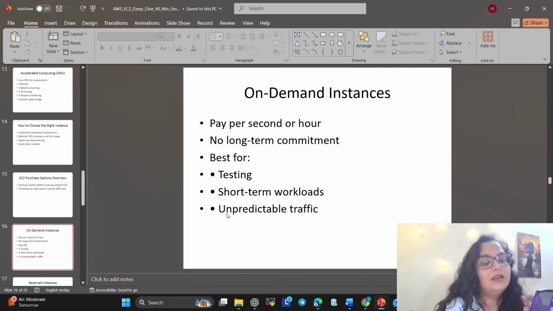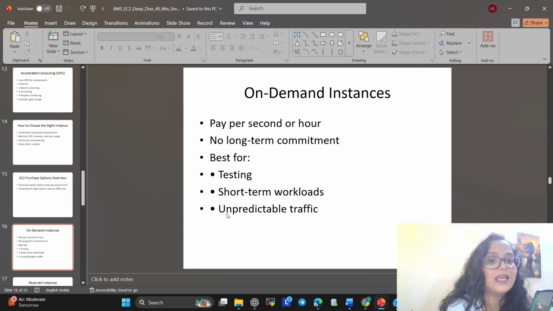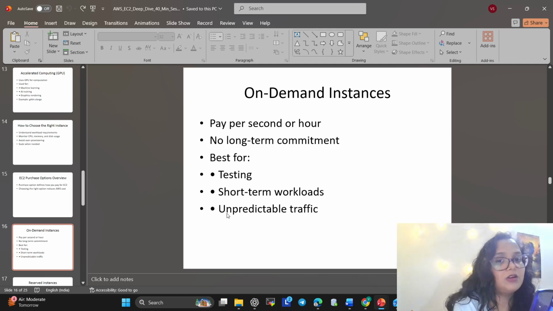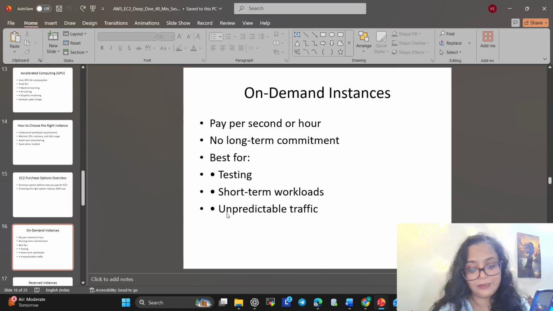For example, if a developer wants to test code for 2 to 3 days, in that scenario we can use an on-demand instance. We pay for only 2 to 3 days because the testing is not long term. There is no long-term commitment. Best for testing, short-term workloads, and unpredictable traffic.